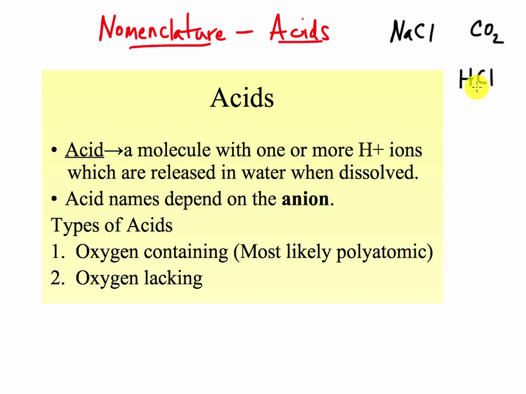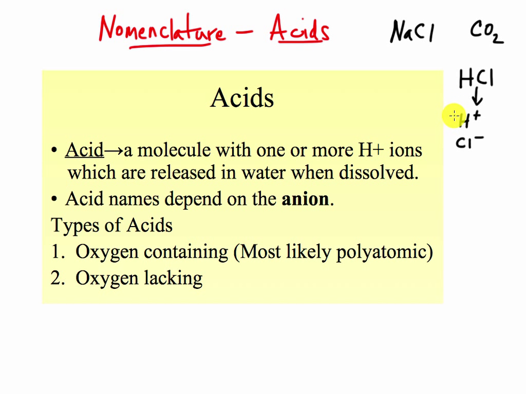But the problem is that it's made up of hydrogen and chloride ions. The thing about acids is they look like molecules, but they behave like ionic compounds. We're going to talk more about the difference between ionic and molecular throughout the whole year, but that's just one of the things with acids.